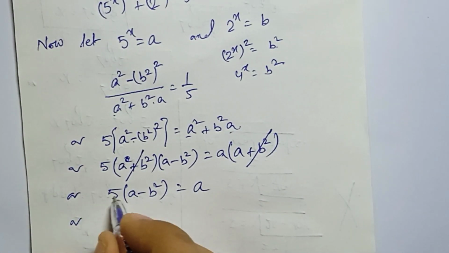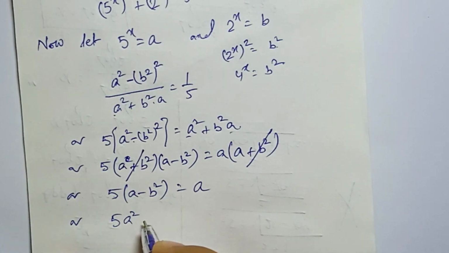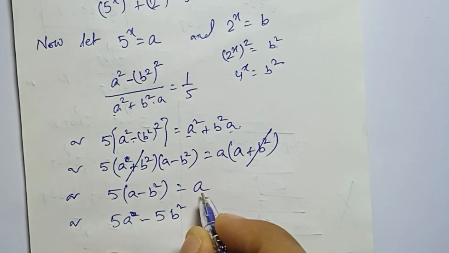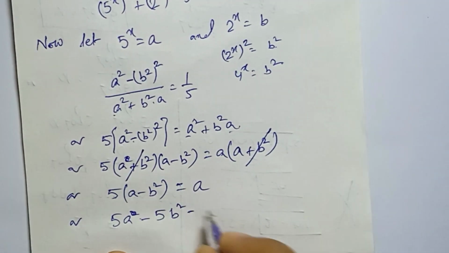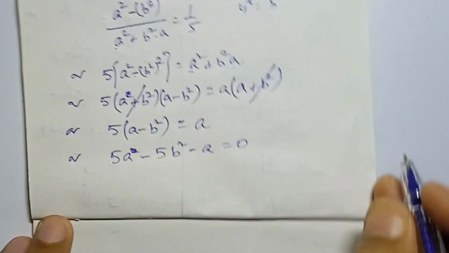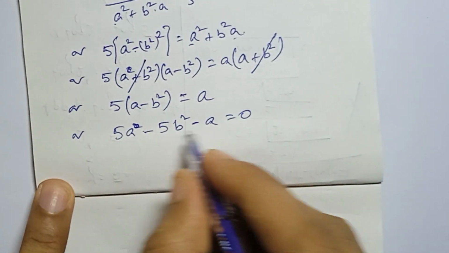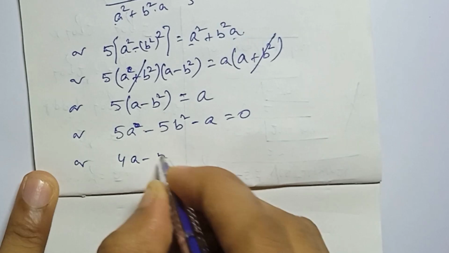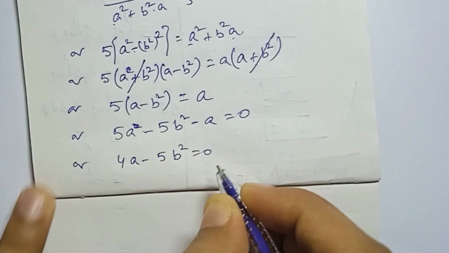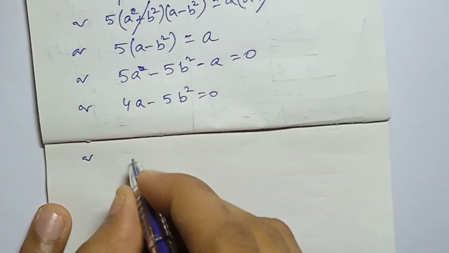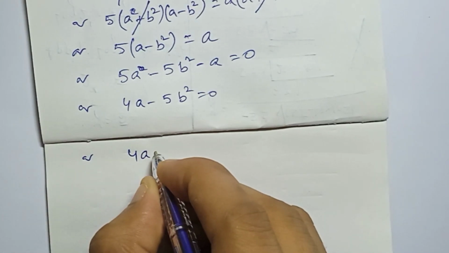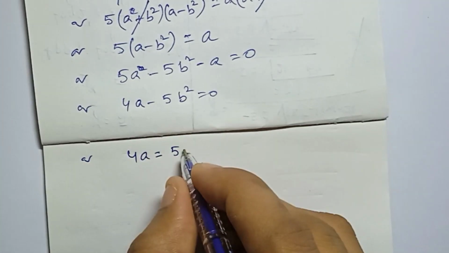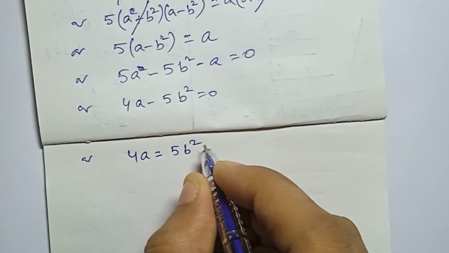So we can open it, 5a minus 5b square. We can take this a in the left hand side, so minus a is equal to 0. 5a minus a, you can write it as 4a minus 5b square is equal to 0, or 4a is equal to, we can take this in right side, so it will appear in plus sign, 5b square.